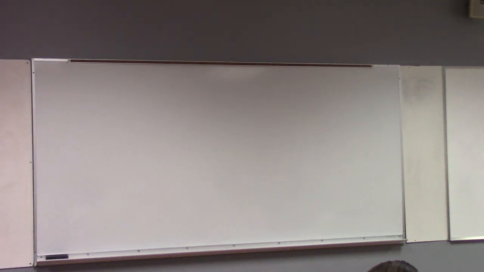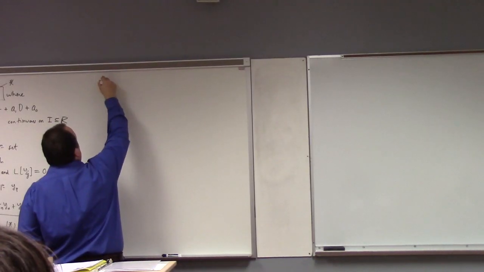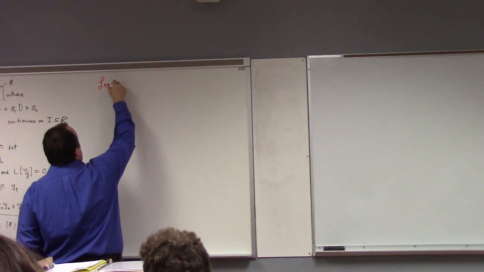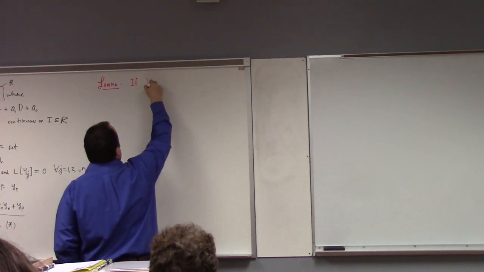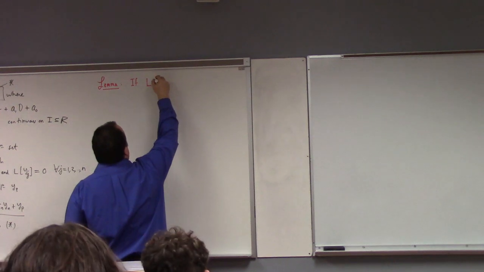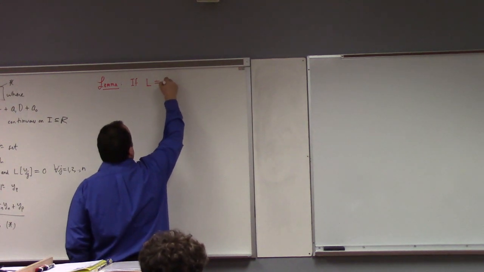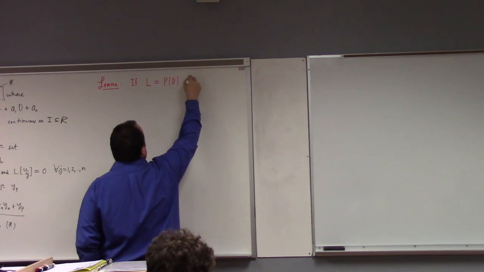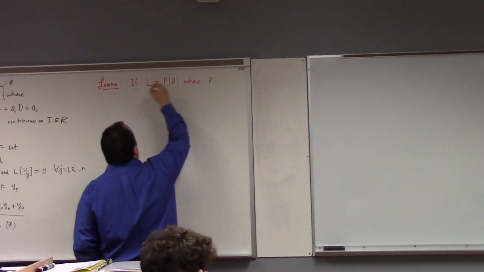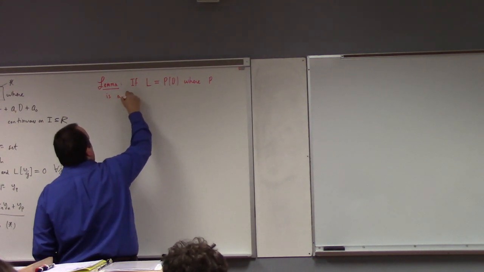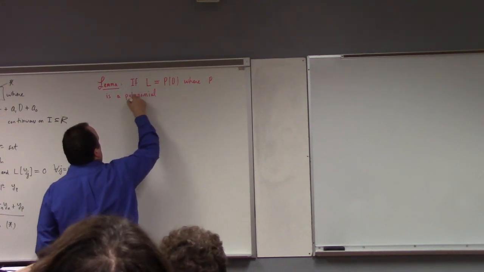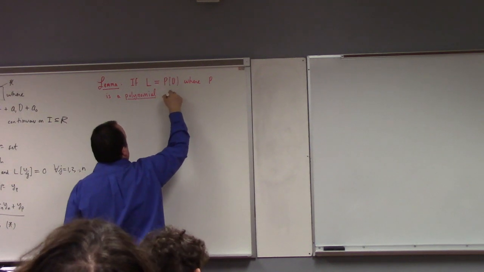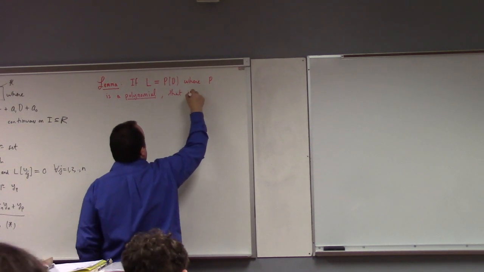All right, so lemma. If your linear differential operator is equal to P of D, where P is a polynomial, that is, let me write out what I mean by that.